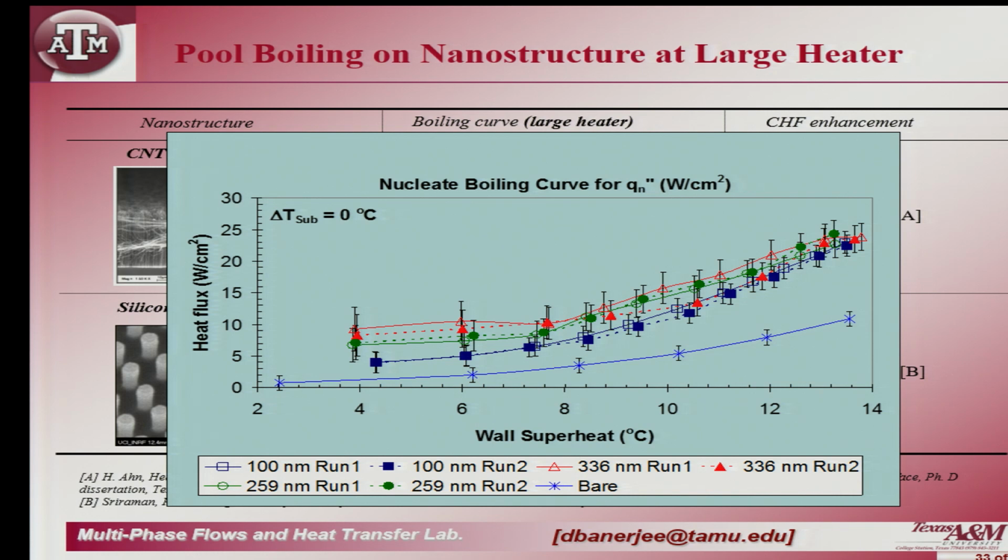Smaller the cavity radius, higher the wall superheat. And so, if I have a 10 micron cavity, as we discussed in the class, the wall superheat was 4 degrees. But now I have a cavity which is 1 micron. So, my wall superheat should be 40, but it is still 4.